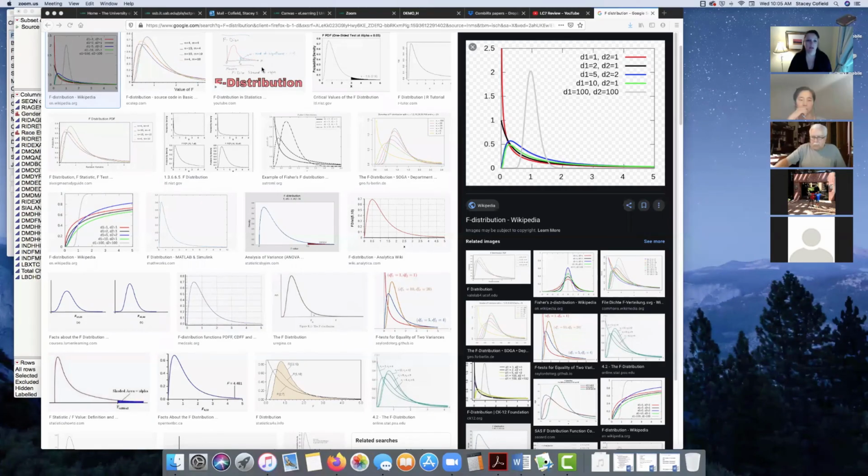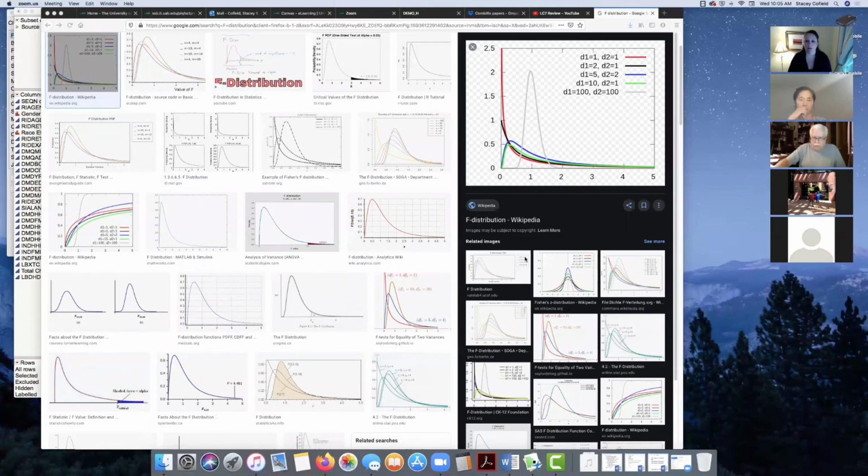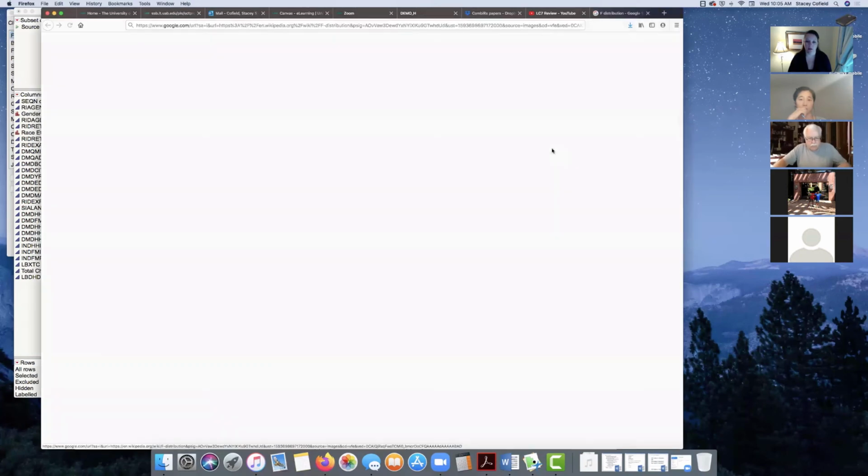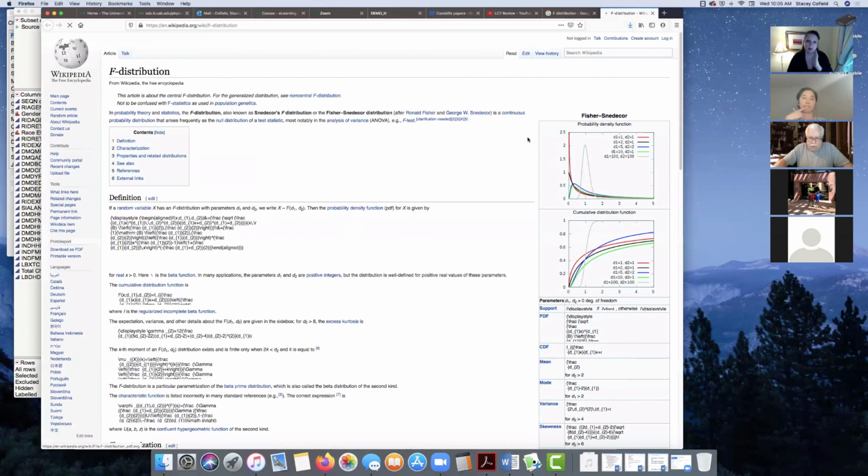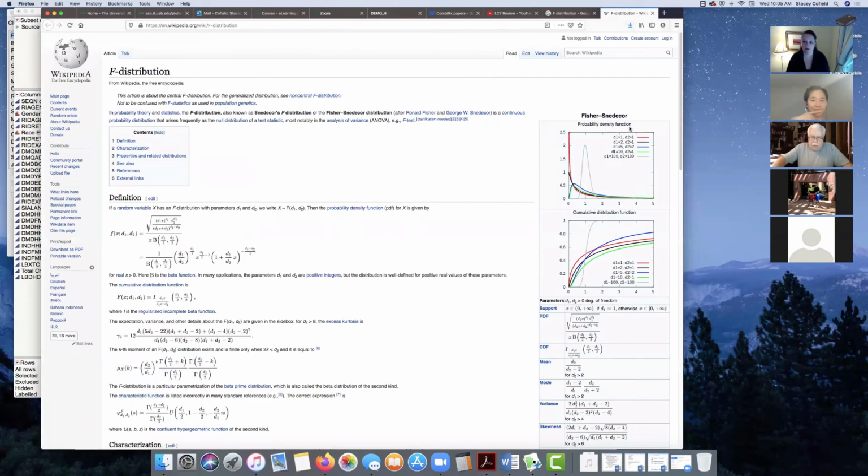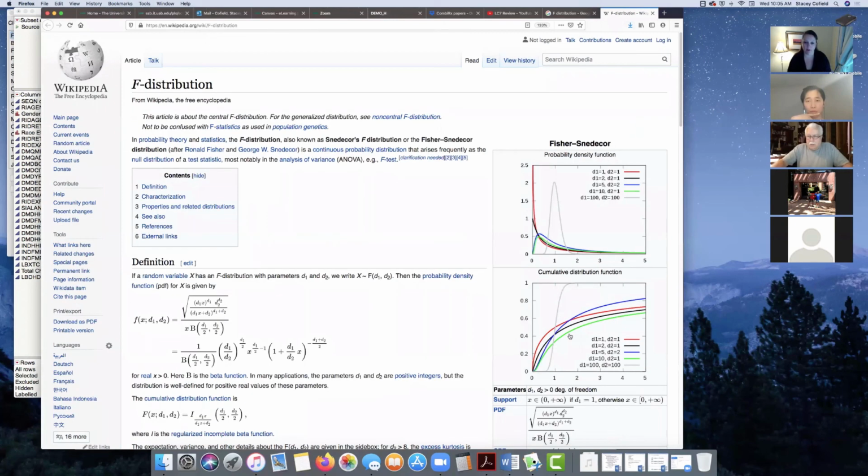And you don't need to remember this particular thing. But if we look over here at the top right, the F distribution, you can see that for different degrees of freedom, you get different shapes of the F curve.